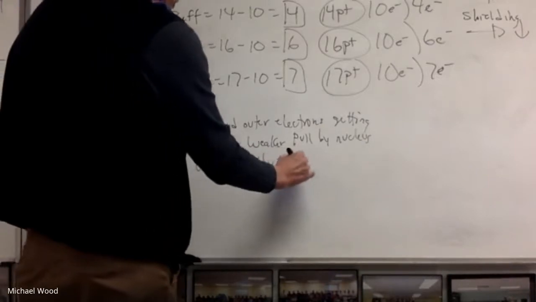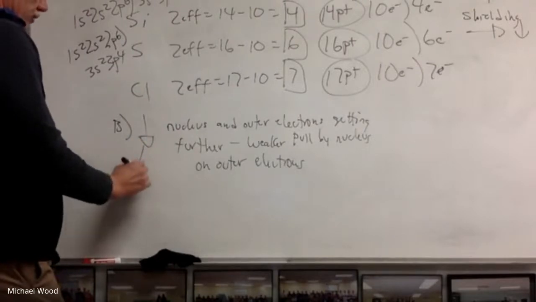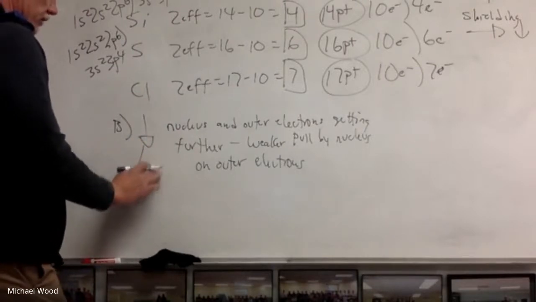So going down a column, there's a weaker pull by the nucleus on the outer electrons.